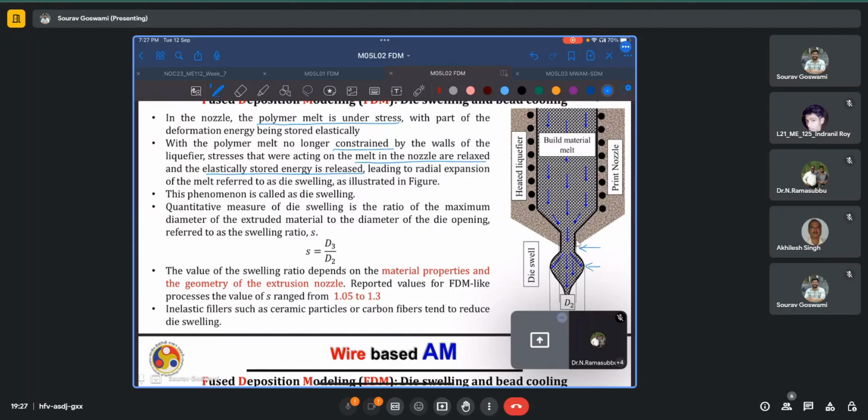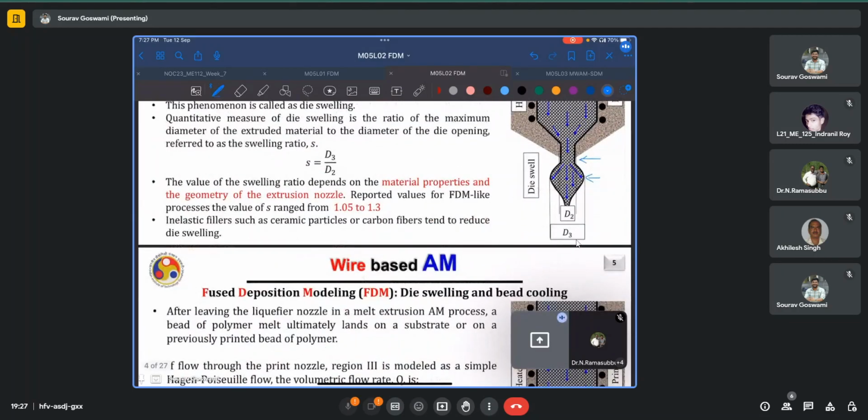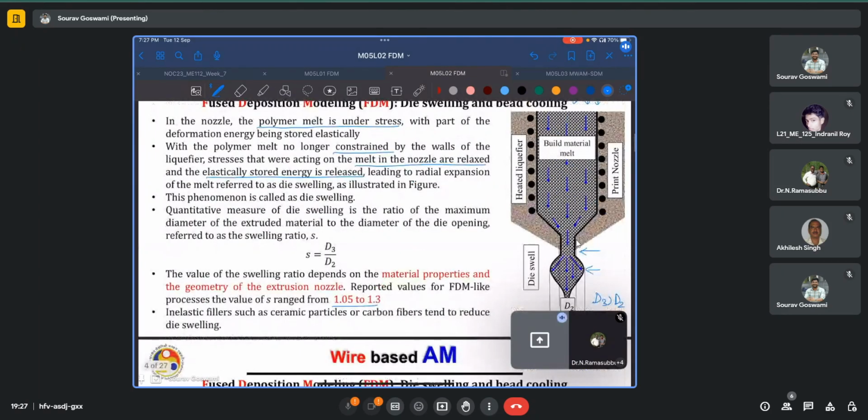So here D3, which we see, is the diameter of the swelled bead, and D2 is the diameter of the exit at the nozzle. D3 is greater than D2, but not by a large extent. So usually D3 by D2 would have a ratio of 1.05 to 1.3. It can also be less. We'll read about that.